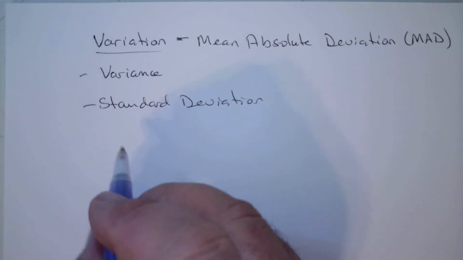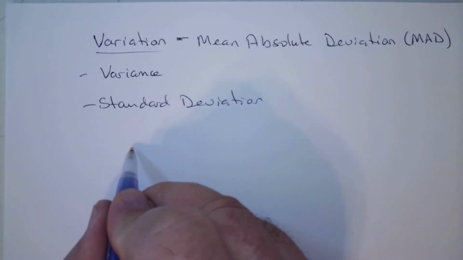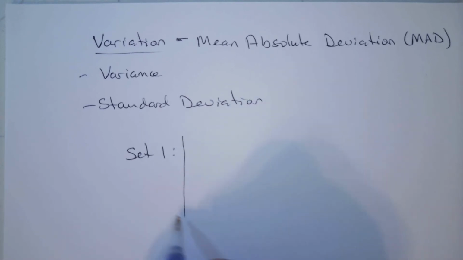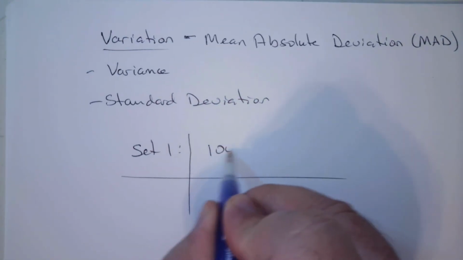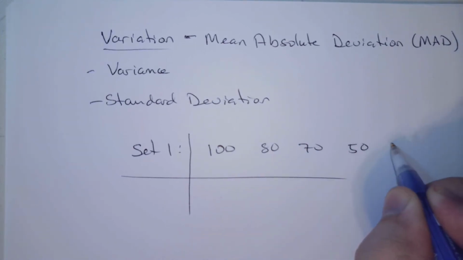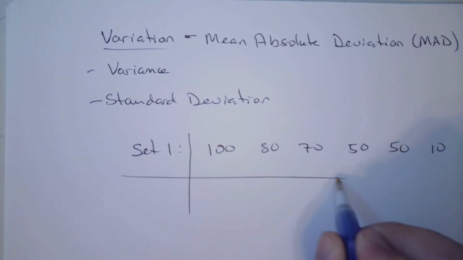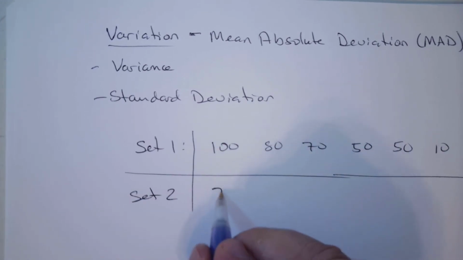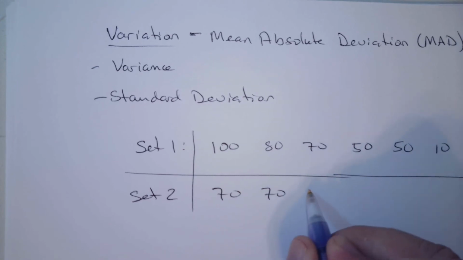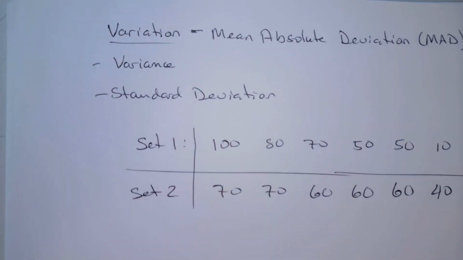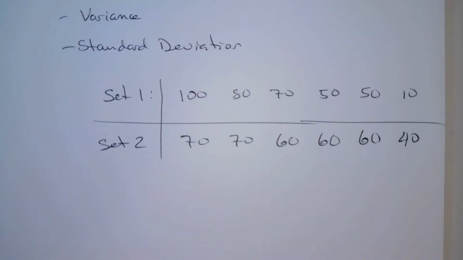Alright, so let's do an example here. We have 2 sets. Set 1 consists of the data 100, 80, 70, 50, 50, 10. Set 2 consists of the data 70, 70, 60, 60, 60, 40.